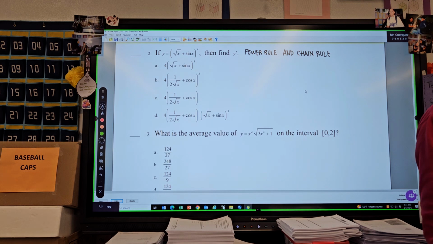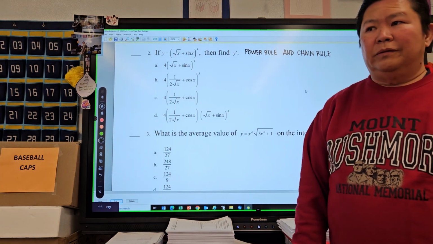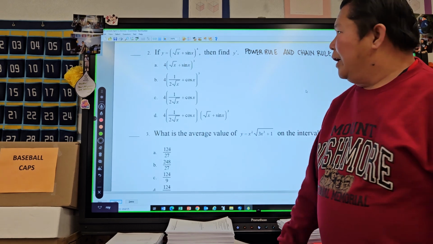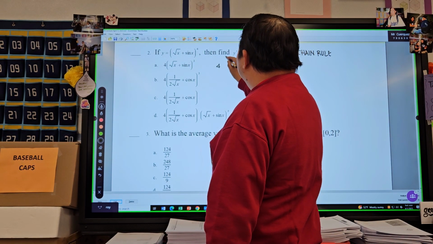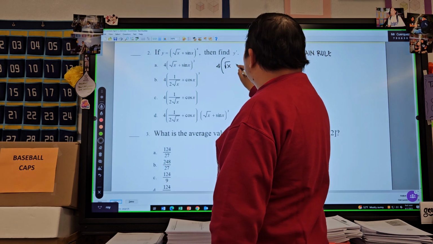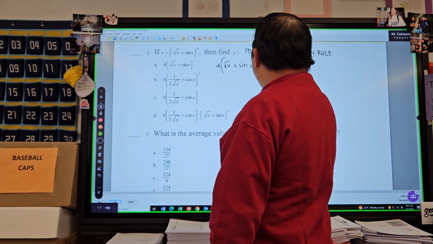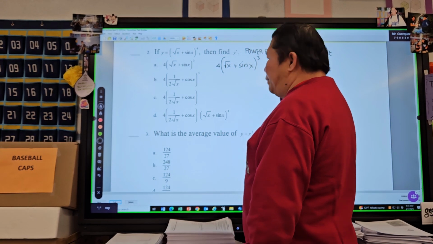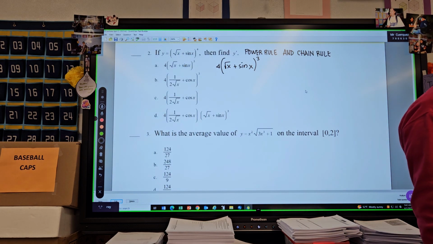What comes first is the power rule. What's the power? 4. Where to put the power? In the front, okay? So we have 4, then the square root of x plus sine x to the power of 3, because the power decreases by 1. So 4 minus 1 is 3.